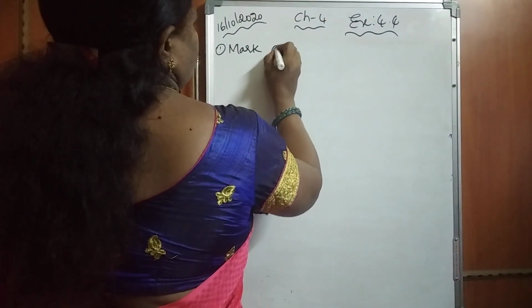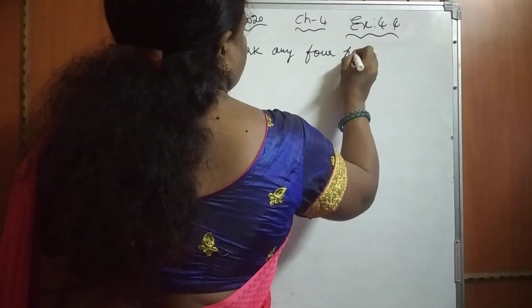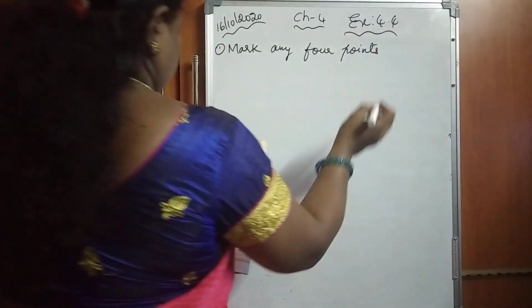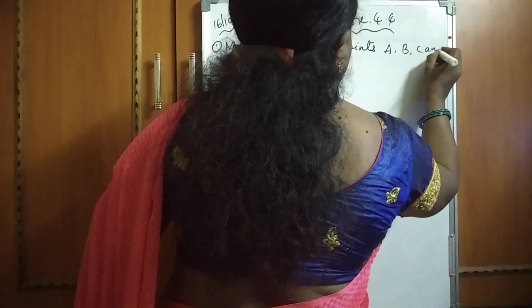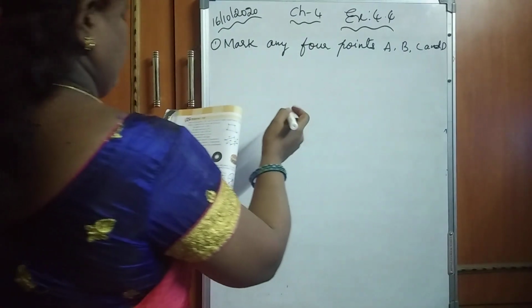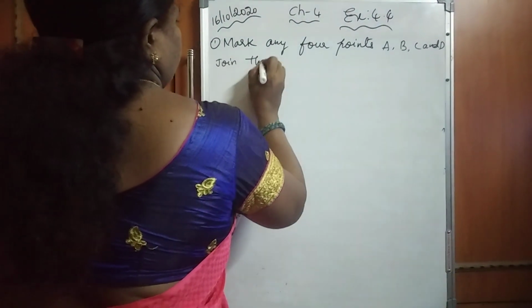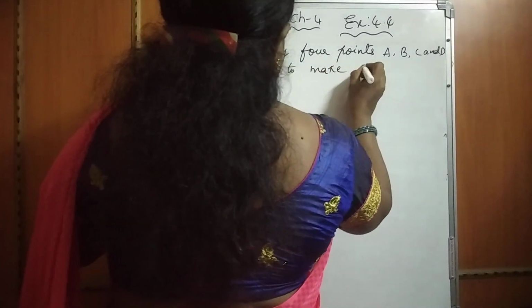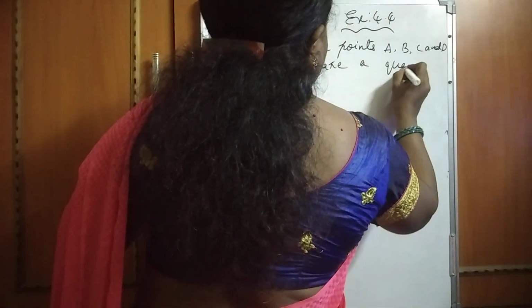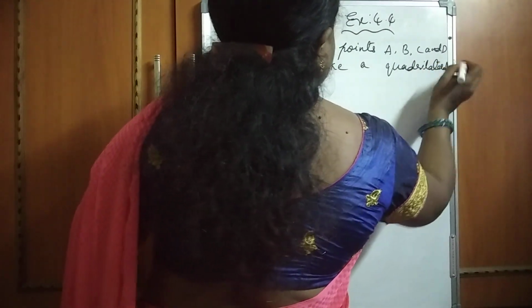Mark any 4 points A, B, C and D. Join them to make a quadrilateral.